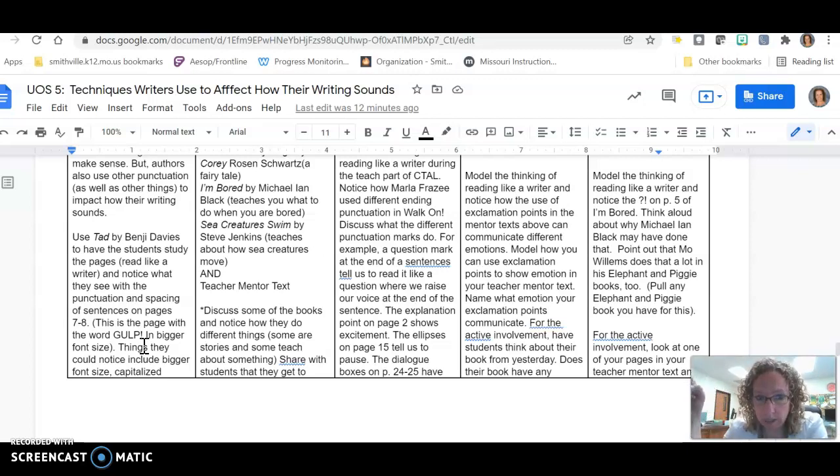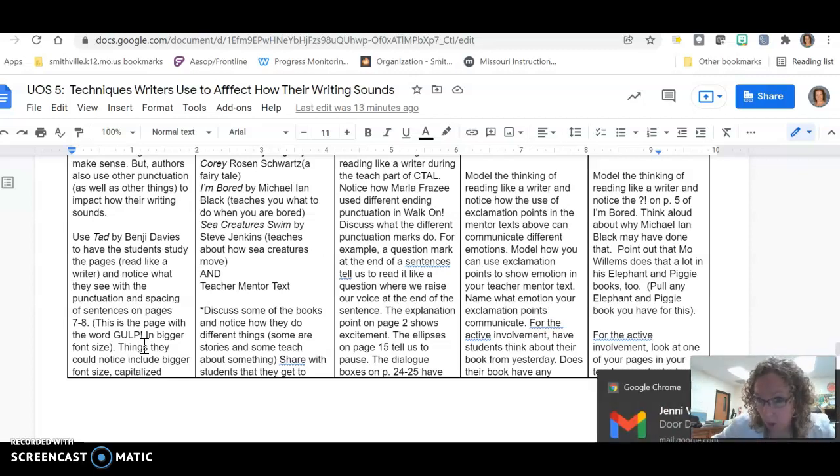It could be bold letters. Sometimes you see letters stretched out in words, like in Roller Coaster by Marla Frazee, I'm not sure how you pronounce her last name. She has the word slowly and she has S-L-O-, you get it, like it's stretched out. It could be that. So anything that you notice that he did that impacts how the reader reads the book. It could be a punctuation mark, it could be other things.